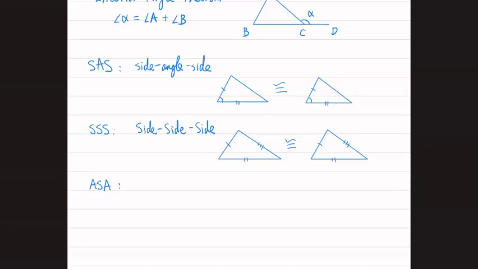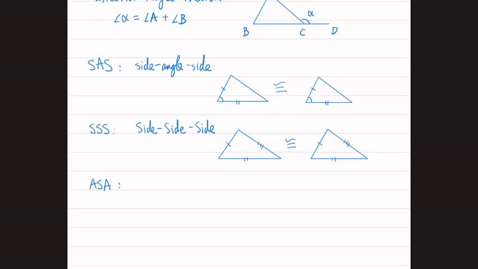Aaron, ASA, what does it stand for? Angle, side, angle.